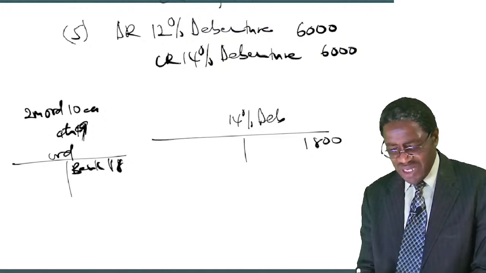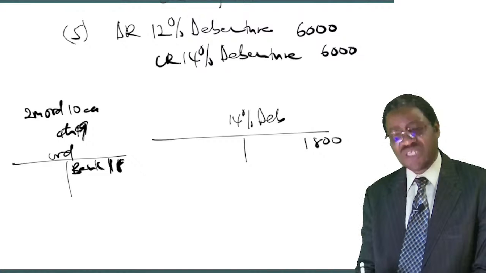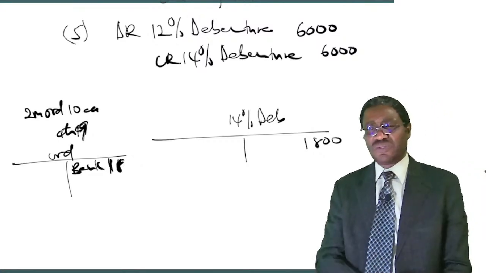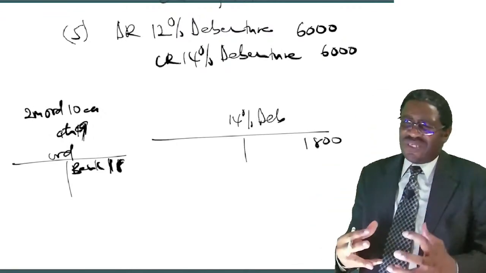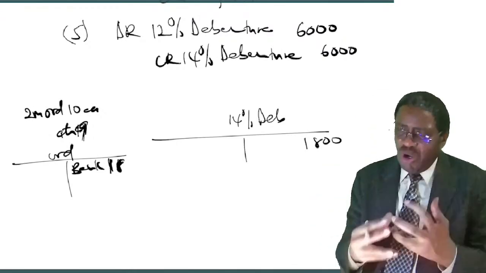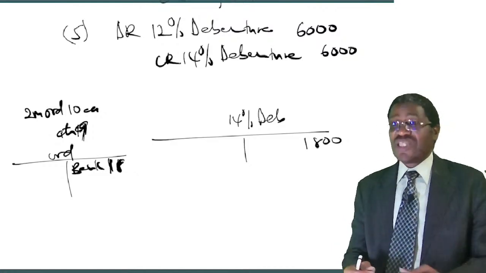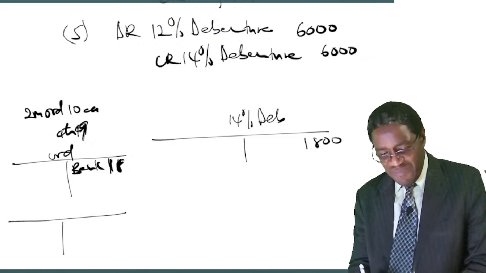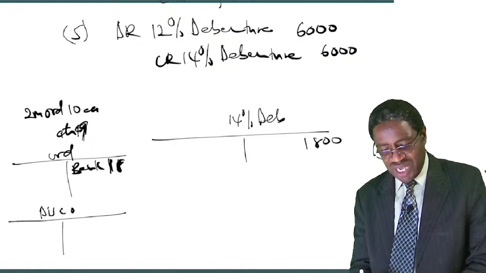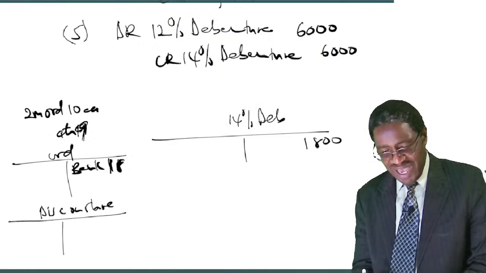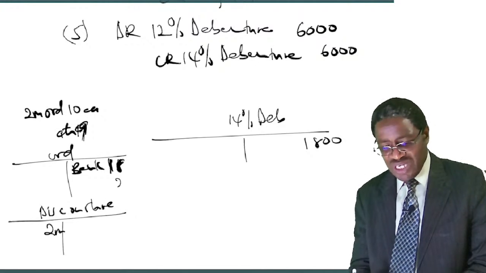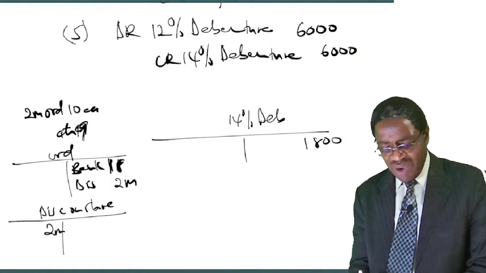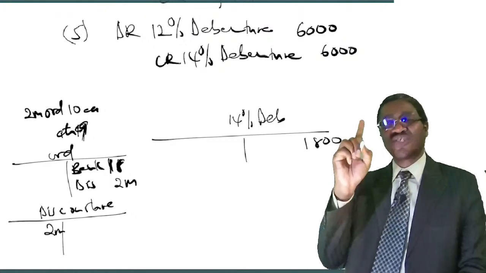You debited the bank, you credited share capital by 18 million. But this account must be maintained at total nominal value. So if it's a normal business that you are running, with the discount on the shares issued, you will have to debit the account called discount on shares by another 2 million, and you credit share capital by 2 million, so that the account is maintained at 20 million.